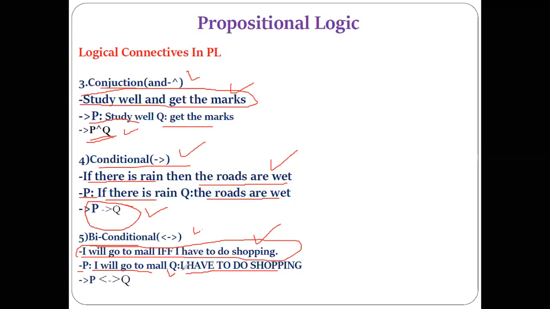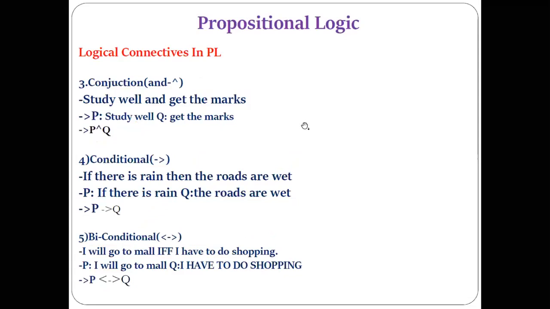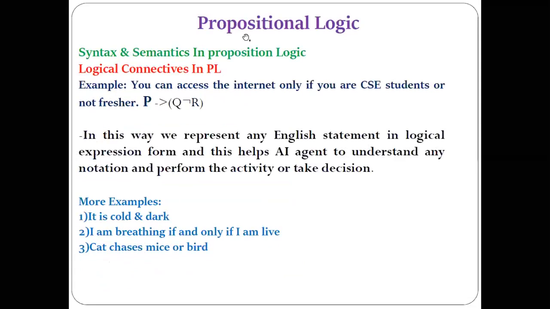Now this is the biconditional, and it can be represented with the help of P double implication Q. So in this way you can have the proposition logic for different kinds of facts in case of the first way of representation of knowledge, that is our proposition logic.